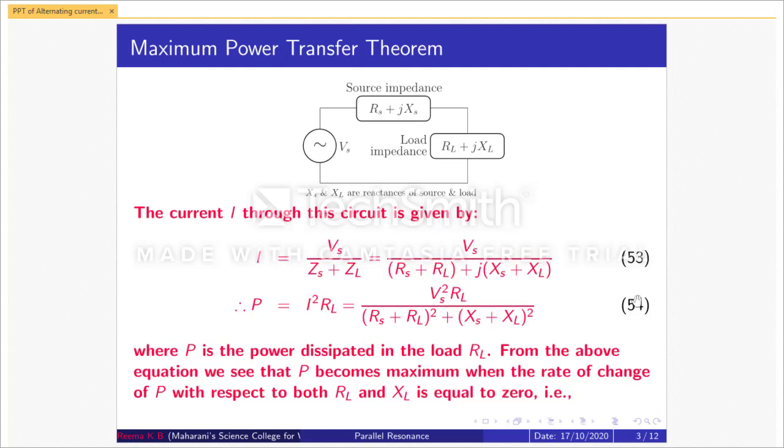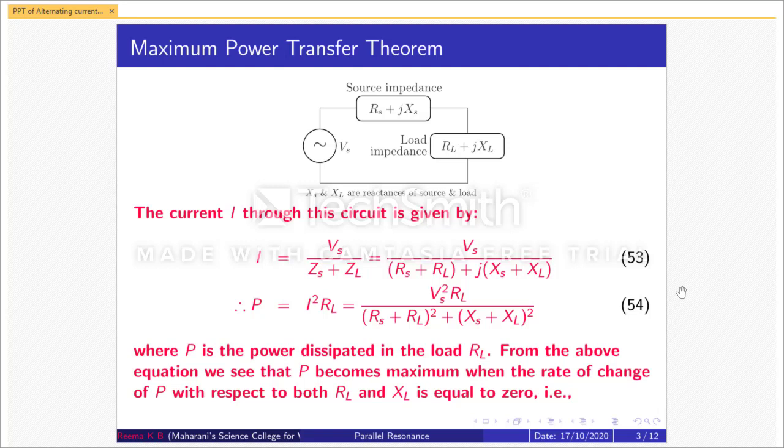Therefore, power P = I² RL, which is equal to Vs² RL / ((Rs + RL)² + (Xs + XL)²), where P is the power dissipated in the load RL.